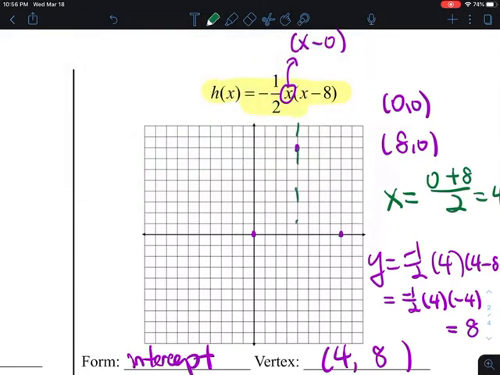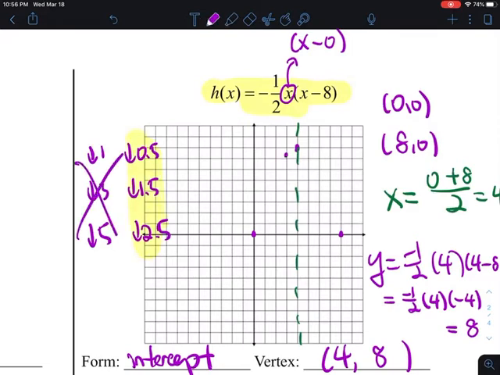Axis of symmetry. And again, from the vertex, here's our normal pattern of points. But because we have a 1/2, let's take each of these divided by 2, cross those out.